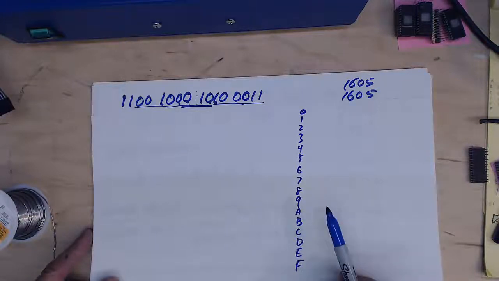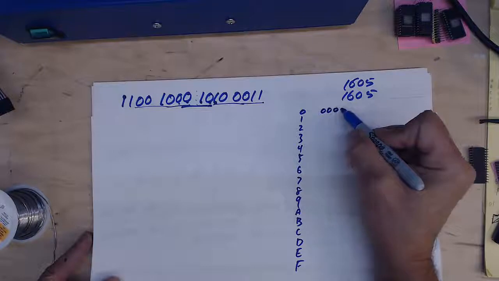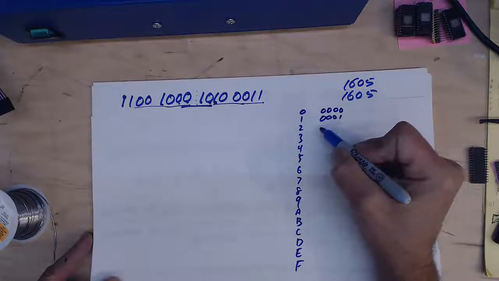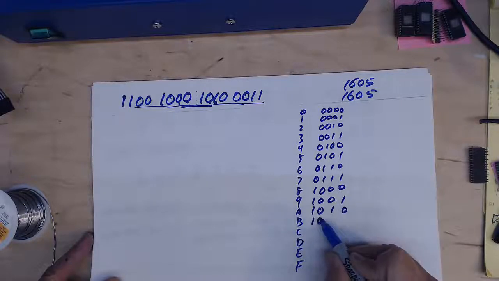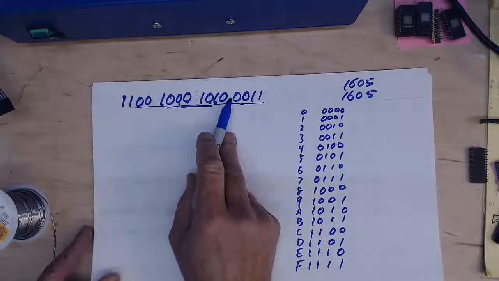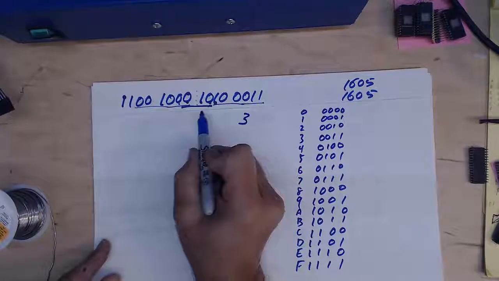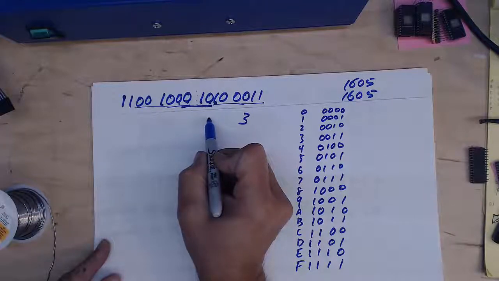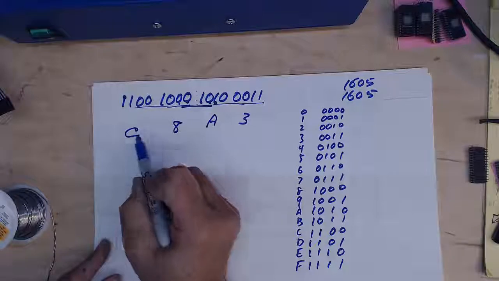But this is our attempt of writing 16 values with a single character or single digit. And of course, in binary, these are 0, 0, 0. And it's easy to break this and write this in hex. So that's a 3, that's a 1010 is A, that's 8, and that's a C.